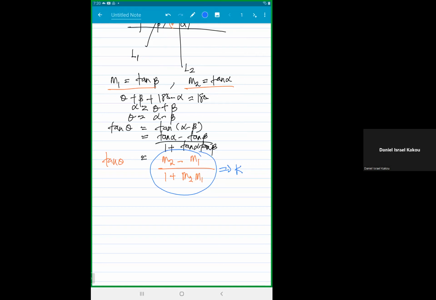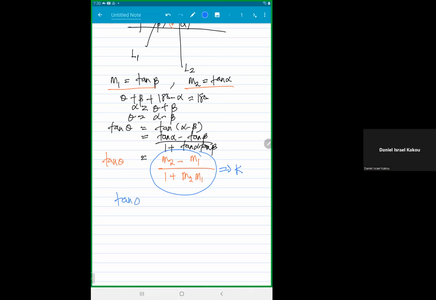By the grace of this formula, you are able to find that angle without even having to draw the two lines, because all you need is the gradient of the two lines and the formula.